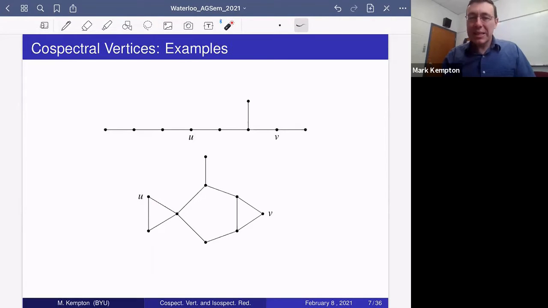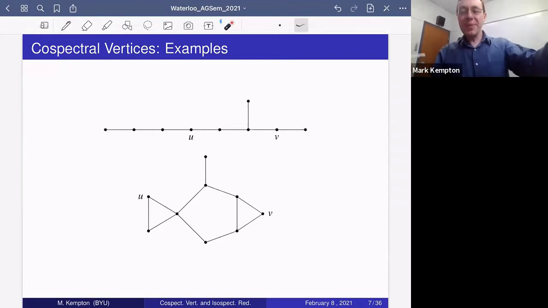I include these examples because I think of these as sort of ad hoc examples that are just by coincidence. I don't have a very good intuitive way of explaining why these pairs of vertices are cospectral to each other. I mean, it's easy enough to verify that they are. You just write down the adjacency matrix for G minus U and for G minus V, compute the spectrum, and they'll be the same thing.